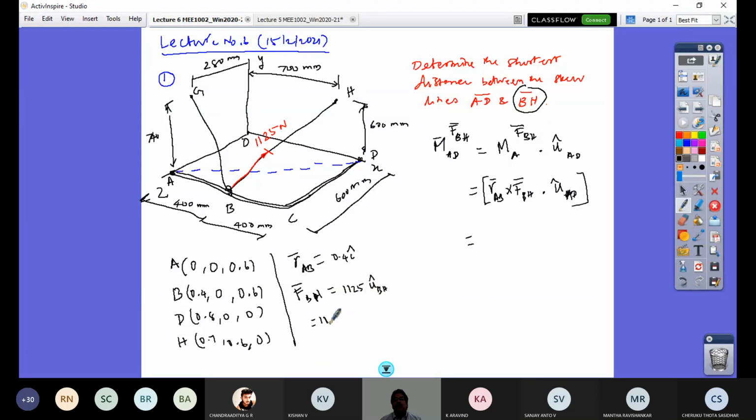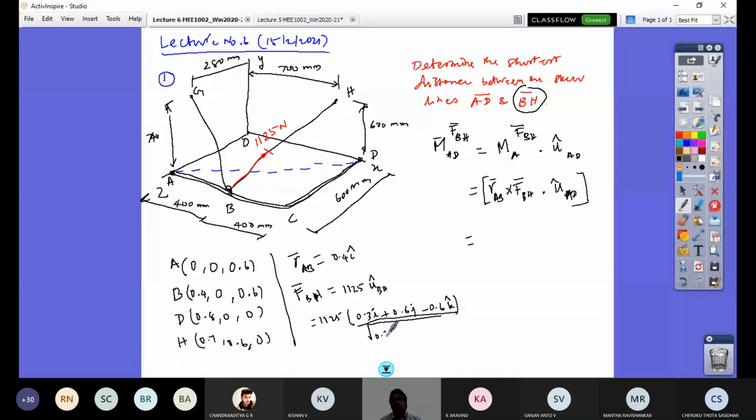So how do I get that? 1125 times UBH, which is H minus B. So H minus B is 0.7 minus 0.4, is 0.3 I, 0.6 minus 0 plus 0.6 J, 0 minus this minus 0.6 K. That is my position vector divided by its modulus.